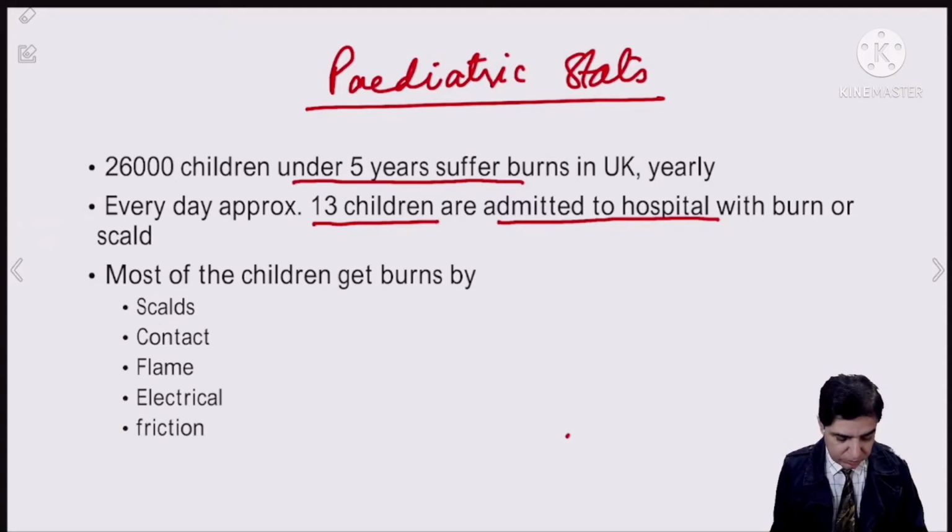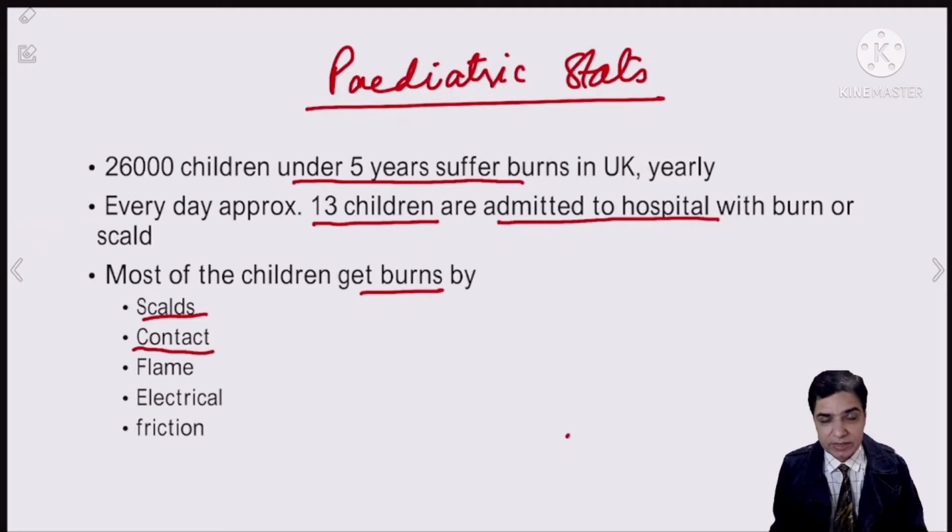And again, the majority of these children get burns by scalds. Scalds means that it's basically a very hot liquid. So they can get scalds because accidentally a hot coffee or a hot tea or hot water gets spilt on them. Some of them get injuries by contact.